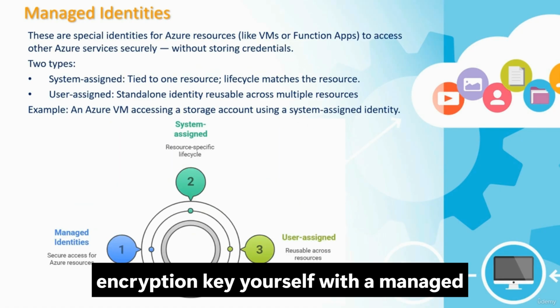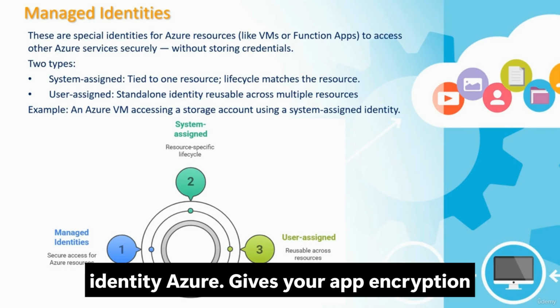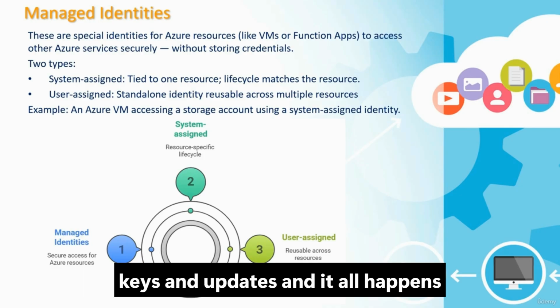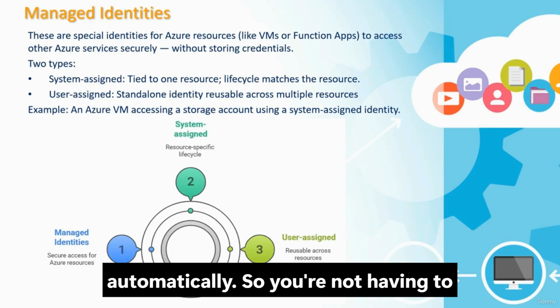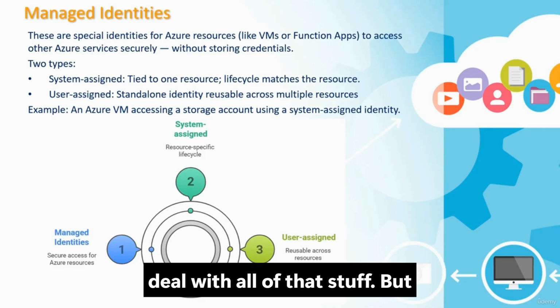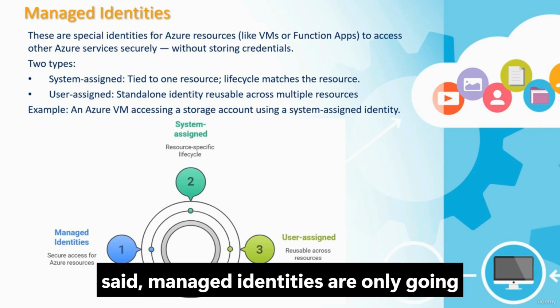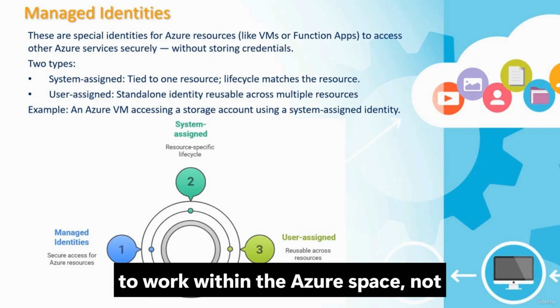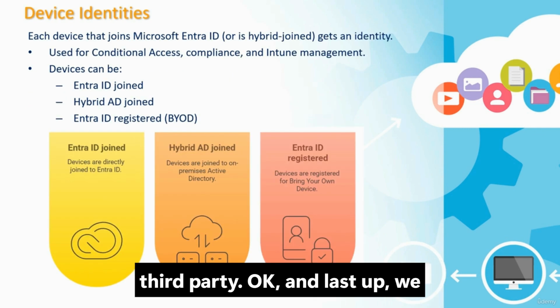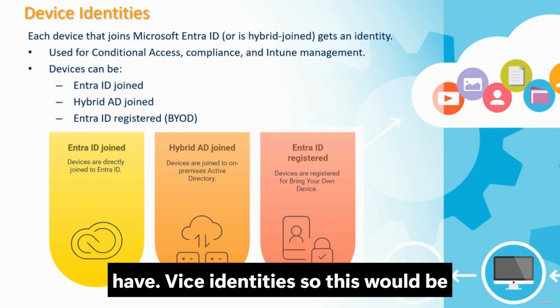With a managed identity, Azure gives your app encryption keys and updates, and it all happens automatically. So you're not having to deal with all of that stuff. But just keep in mind that, as I said, managed identities are only going to work within the Azure space, not third party.